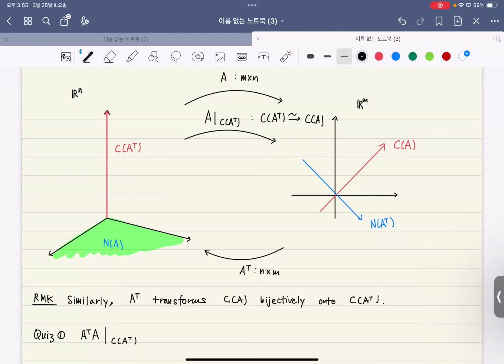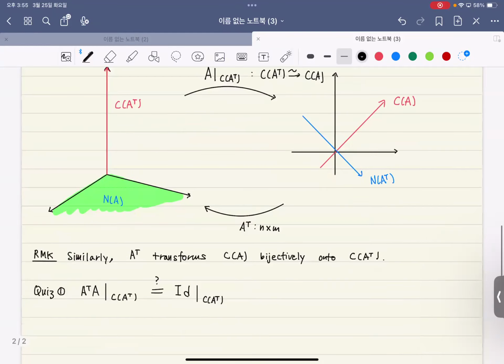Now the question is, is it always the same as the identity map? What do you think? Yes? No? The answer is no, not necessarily. That means this is not true.